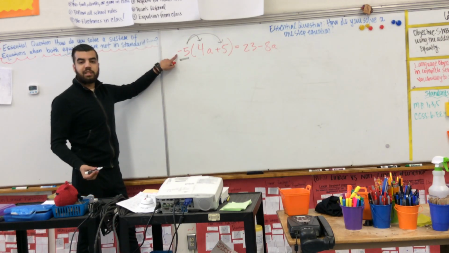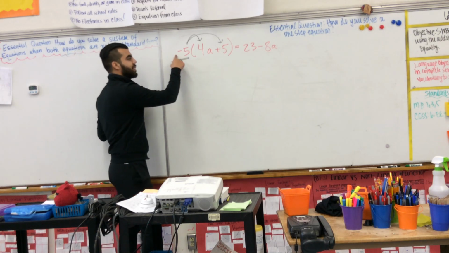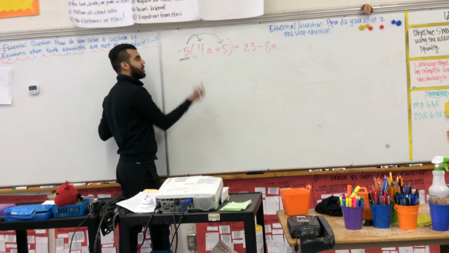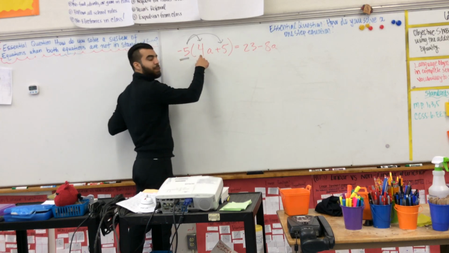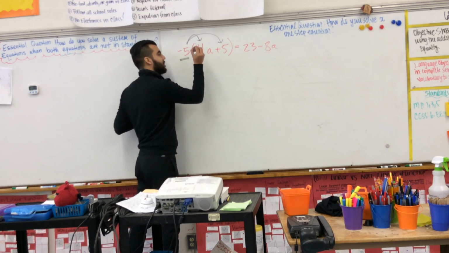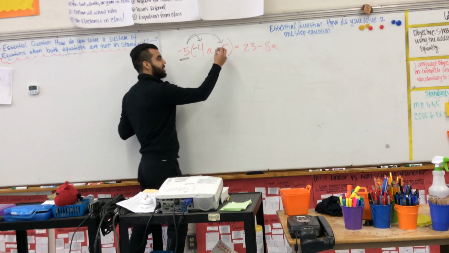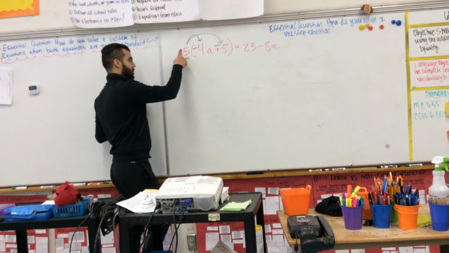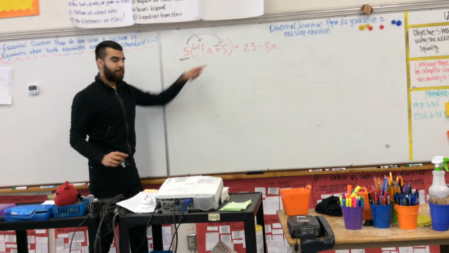Now one thing you can do is, you notice how we have a negative 5 outside the parentheses. What you do is, you're going to change the sign of what's inside the parentheses. So this negative outside tells me this positive 4a is going to become negative 4a. This positive 5 is going to become a negative 5. So then this, we can remove it, and now just multiply.